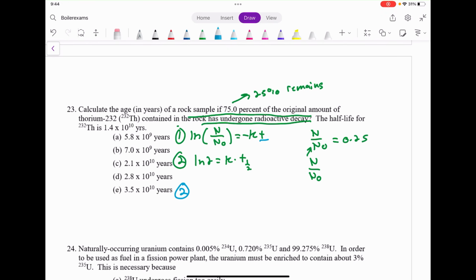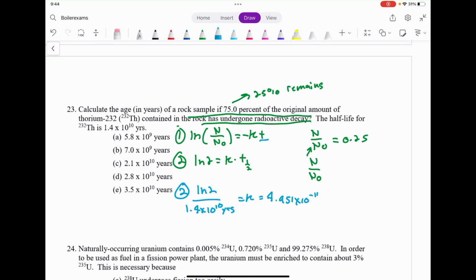So let's solve for our rate constant first. Equation 2, we're going to have natural log of 2 over the half-life, which they tell us is 1.4 times 10 to the 10th years. So k is equal to natural log of 2 divided by 1.4 times 10 to the 10. k is equal to 4.951 times 10 to the negative 11th.